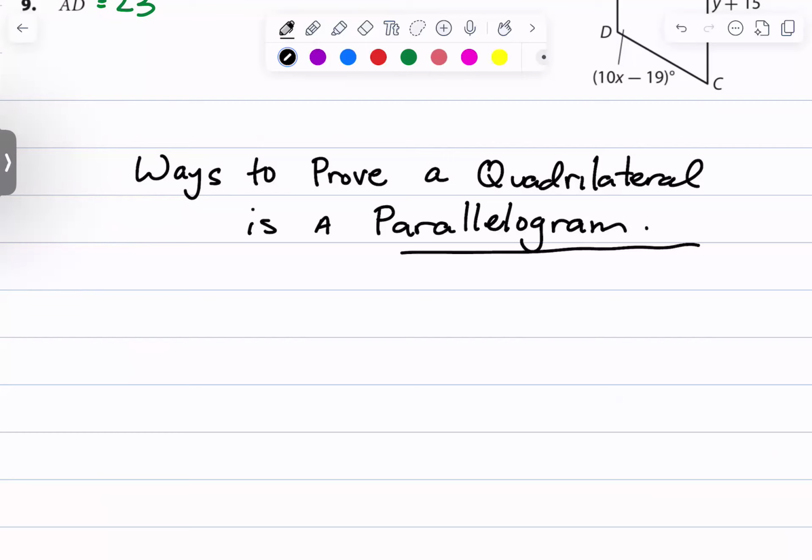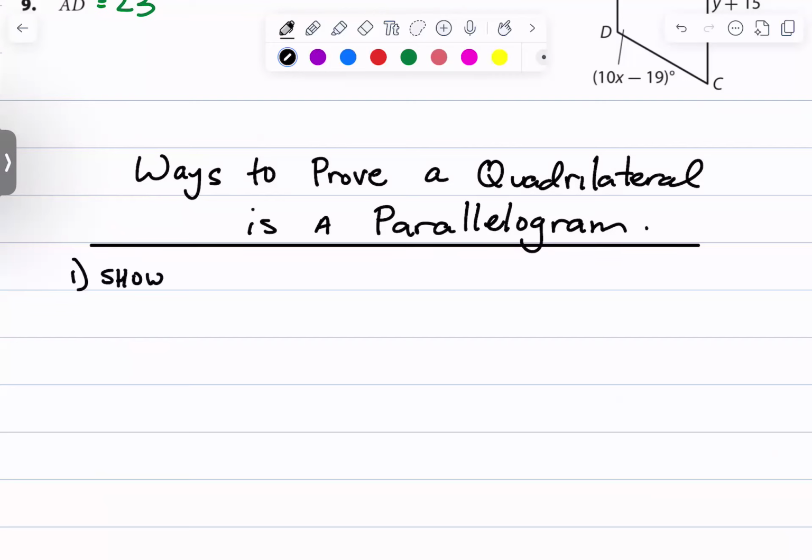First way, show that opposite sides are congruent.